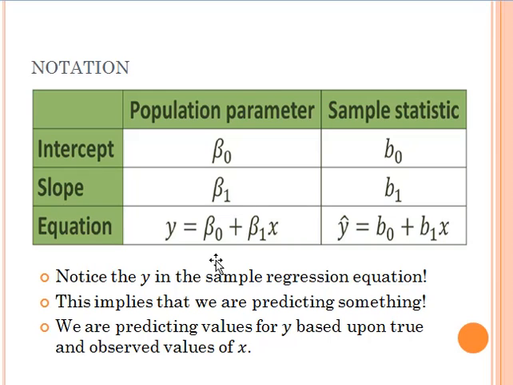So we are trying to predict the values through this equation. We are predicting the value of y. From this equation you can see that we are trying to figure out the value of y, and this value of y will be based upon the values of x, right? So the value of y is directly dependent on the value of x.